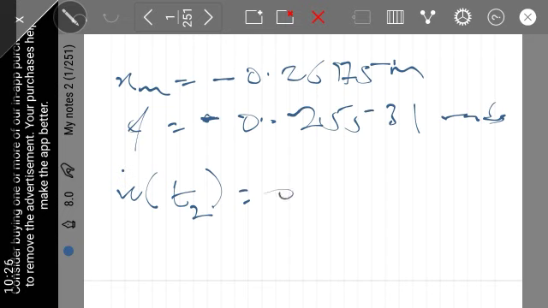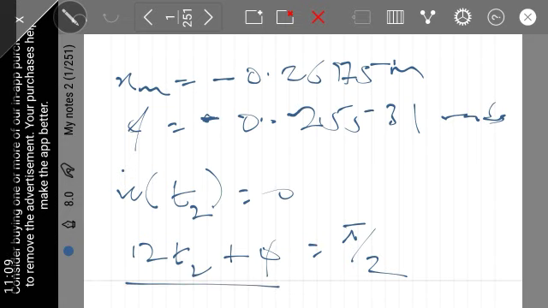Recall that the formula for x dot is 12 xm cos of 12 t2 plus phi, and this 0 can be written as pi over 2, the cos inverse of 0.